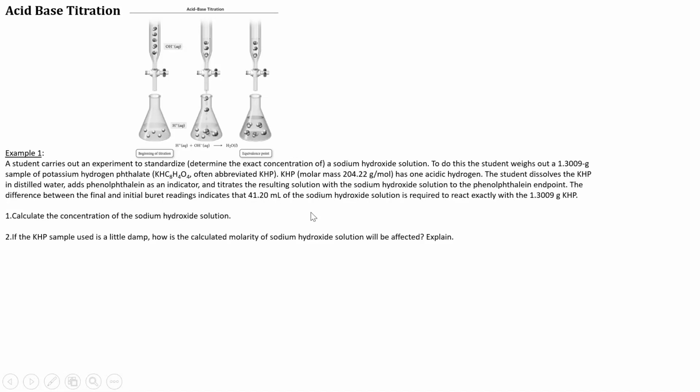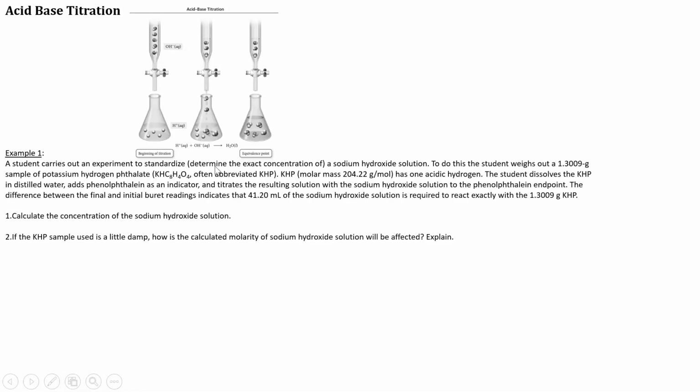I don't actually have even grams of sodium hydroxide, but I have grams of KHP. So what I can do is use stoichiometry using this balanced chemical equation that's given above, H plus OH minus yields H2O, to determine how many moles of sodium hydroxide I have. Then I'll divide by the volume.